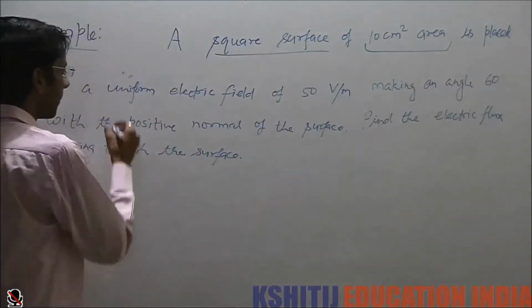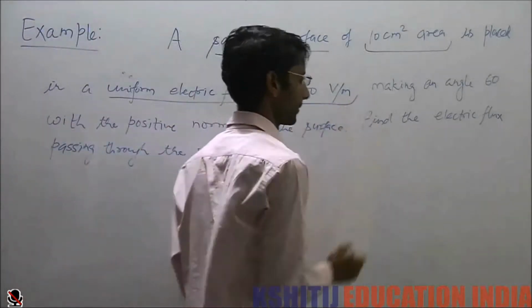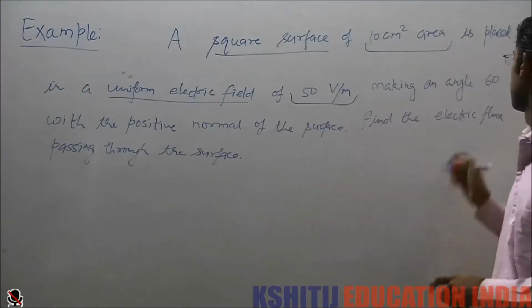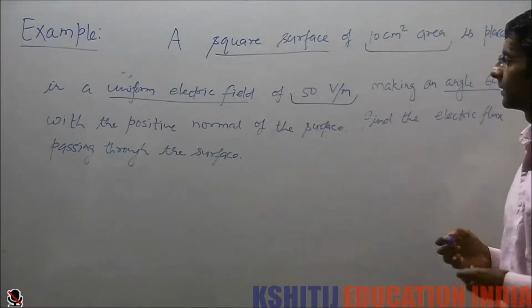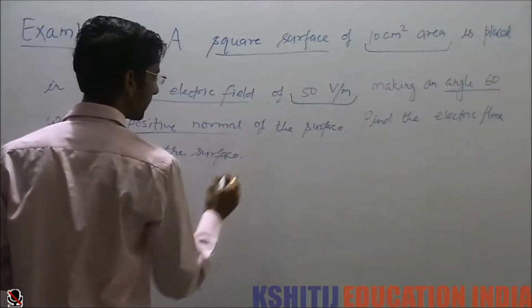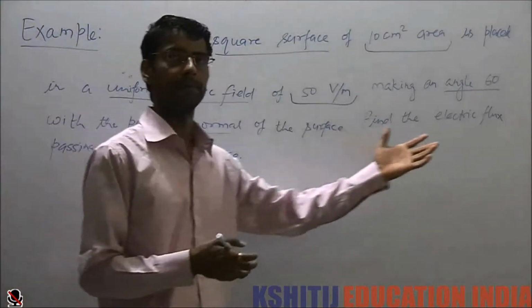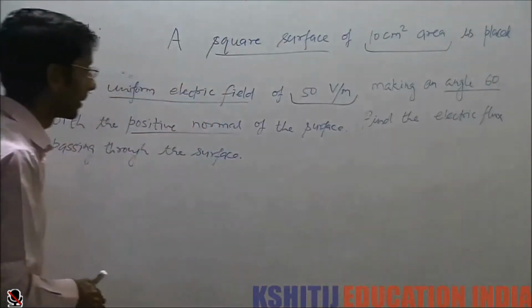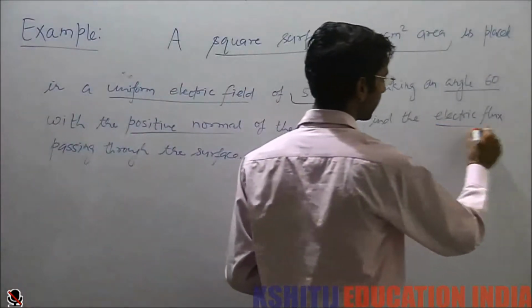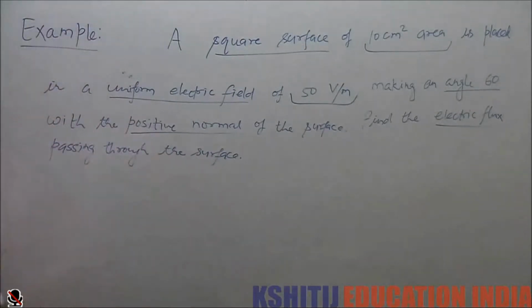There is a uniform electric field of this magnitude, which makes an angle of 60 degrees with the positive normal. So the angle we are talking about is the theta that we have discussed. We have to find out the electric flux that is passing through that surface.